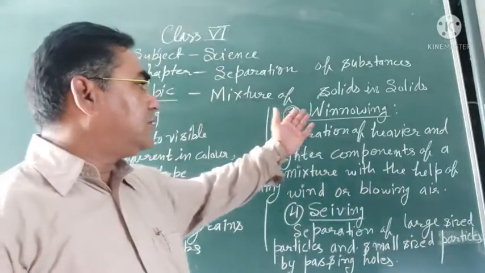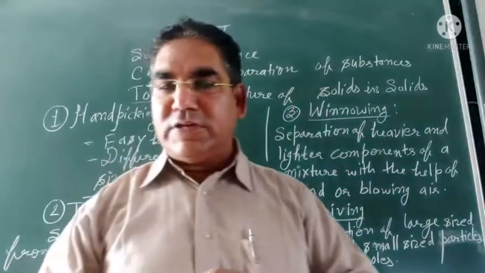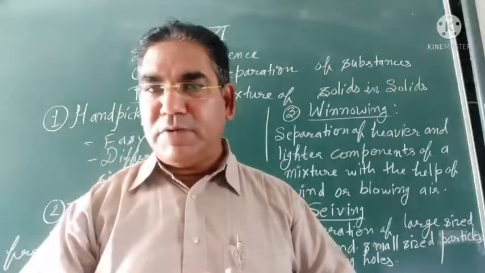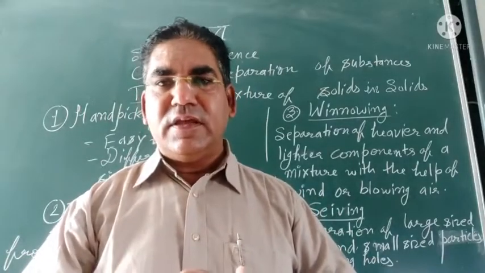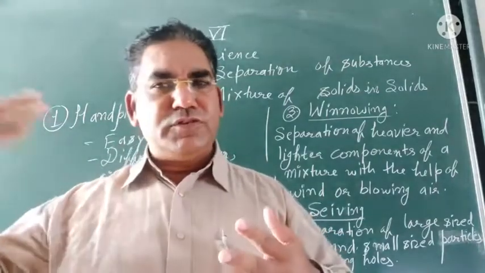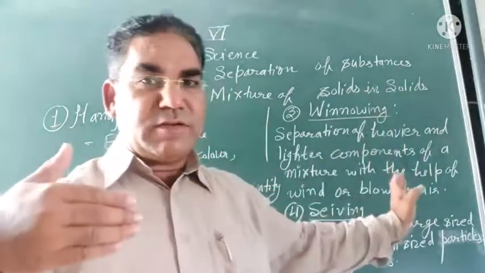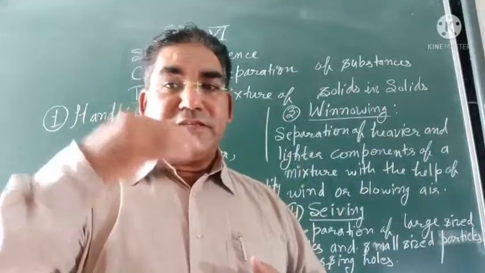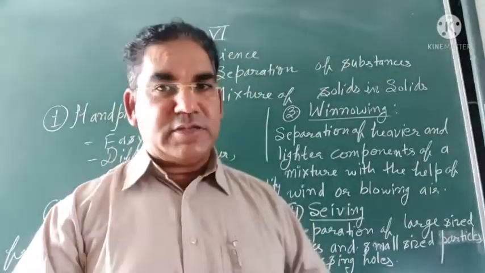Now, next method is the winnowing. The harvested crops have a number of impurities like the husk and chaff. We can use this method for separation of the heavier particles from the lighter particles.